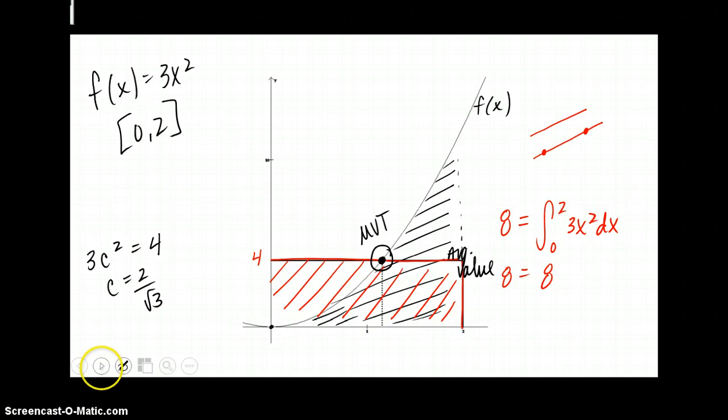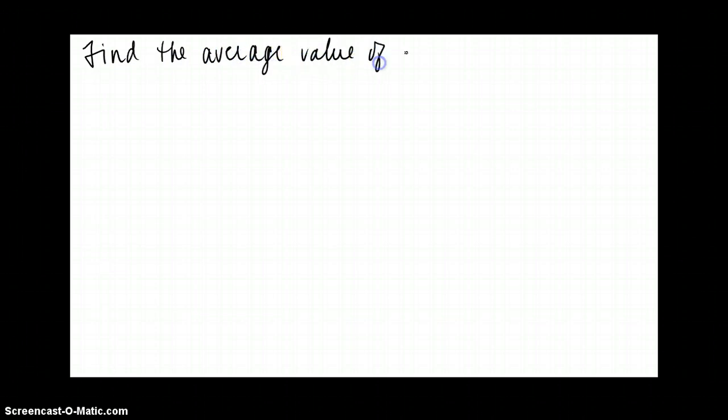Okay, let's look at a couple more examples. Find the average value of the sine function on the interval from 0 to pi.